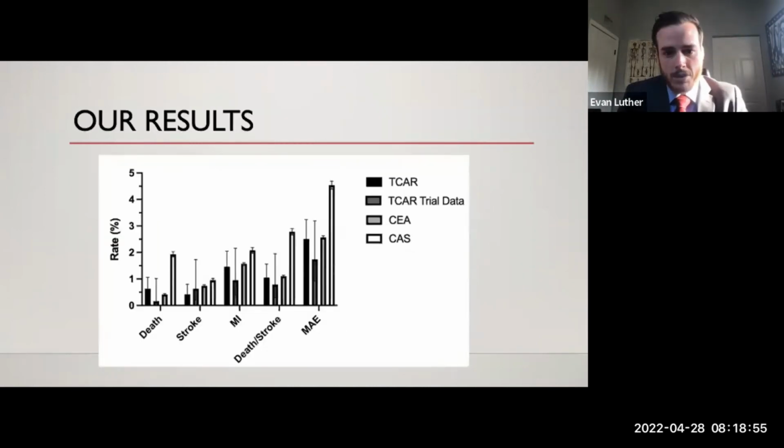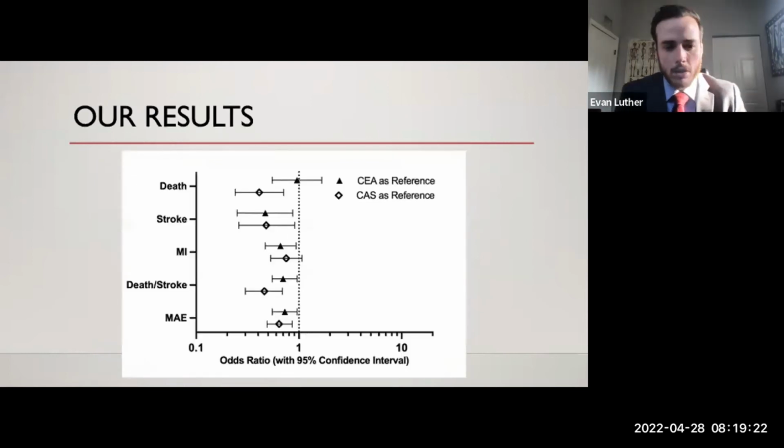And then what we see here is that when we're evaluating the perioperative period, as you would expect, carotid artery stenting tends to have more major adverse events than either endarterectomy or TCAR. And again, I think that's mostly because of perioperative stroke, because carotid artery stenting has a higher risk of stroke, and we all know that. And then this is a comparison of TCAR against endarterectomy and stenting.